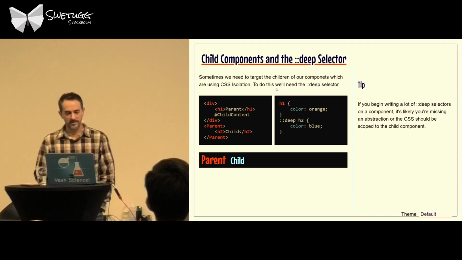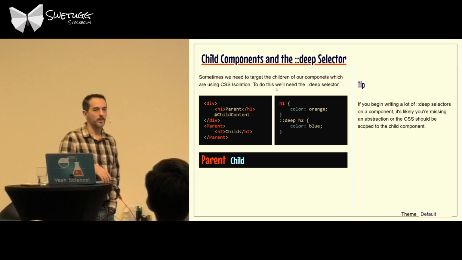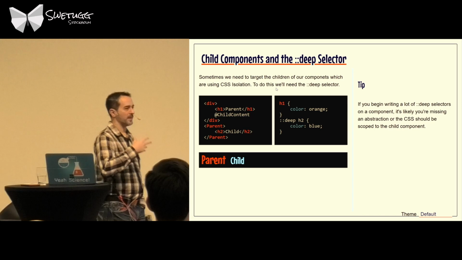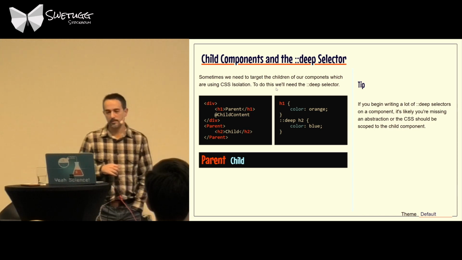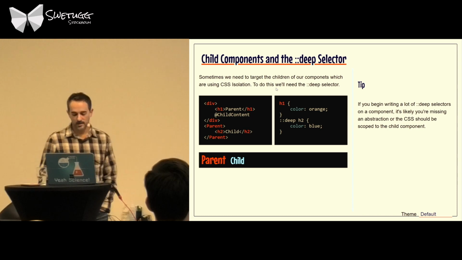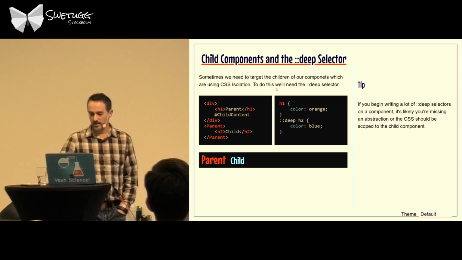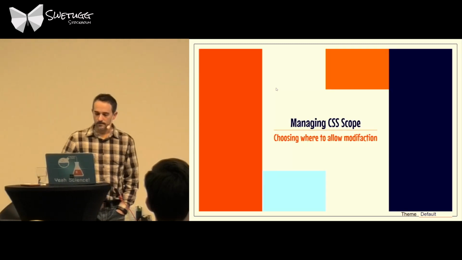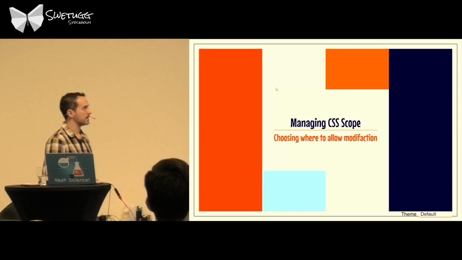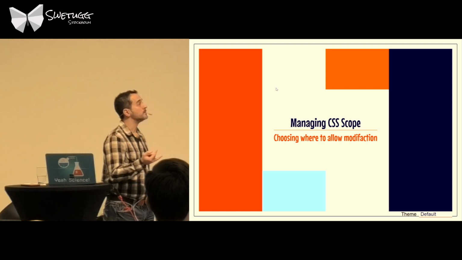So you see those deep selectors, look at what they're being applied to. You might actually need some additional components. Pull that code out of your main component and put it in smaller components and kind of orchestrate that component as a whole using the child components. So a little bit of a code smell you can get there. So we've got CSS and Sass.